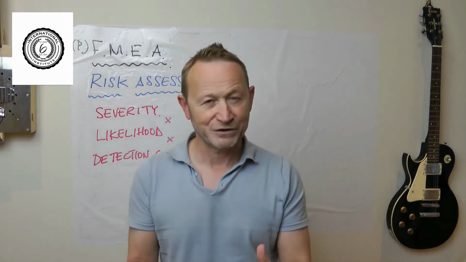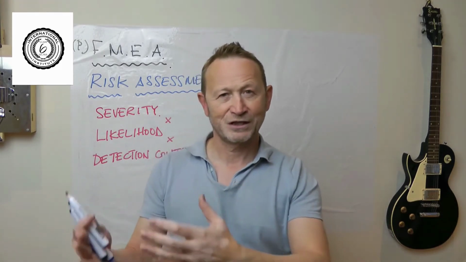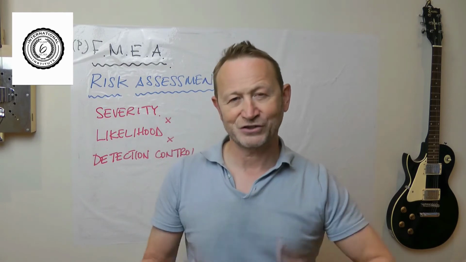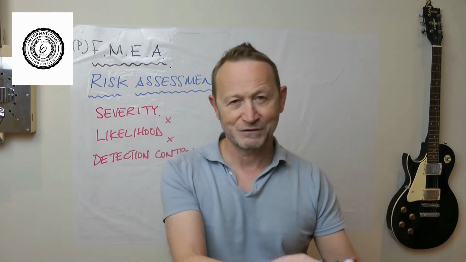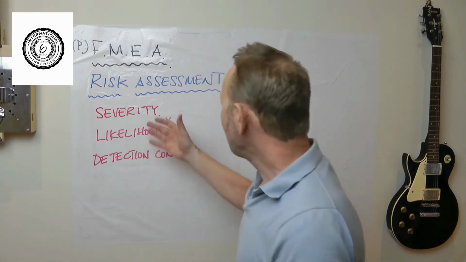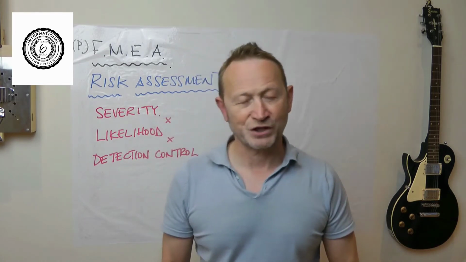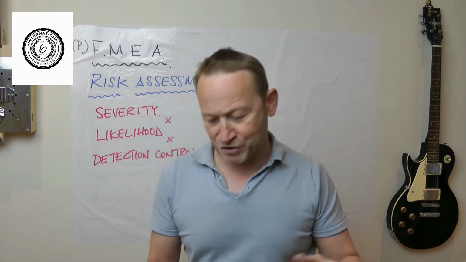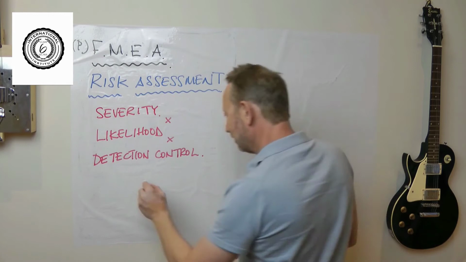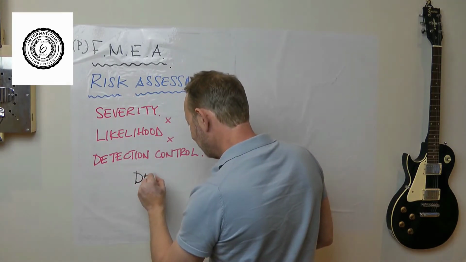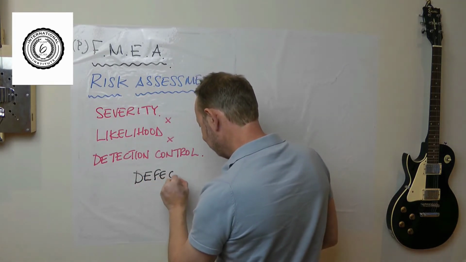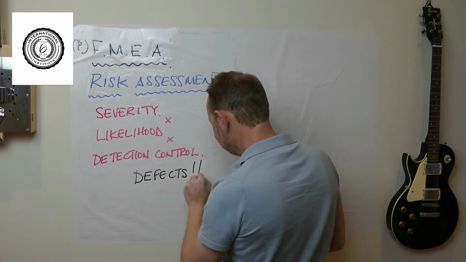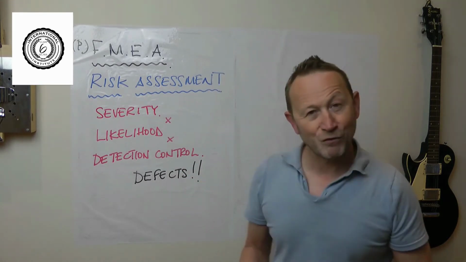Okay, so if it was a health and safety risk assessment, what's the risk that you're going to have an accident, that you're going to kill somebody, that the unit is going to fail and cause a severe problem? What's the risk? Now, of course, in a process FMEA, what's the risk? Well, typically, the risk is pretty straightforward.